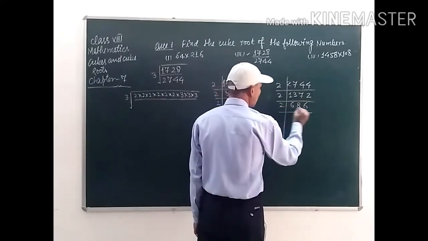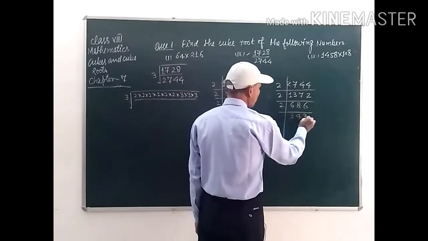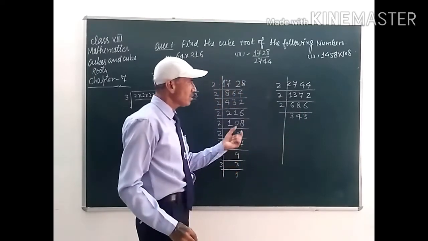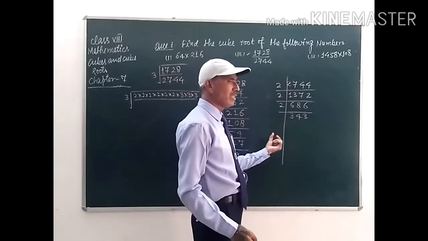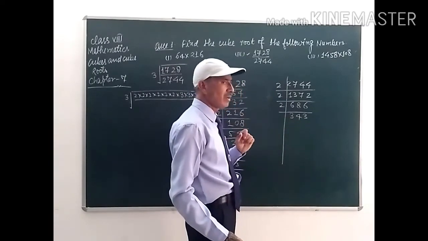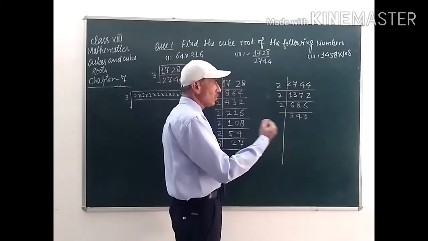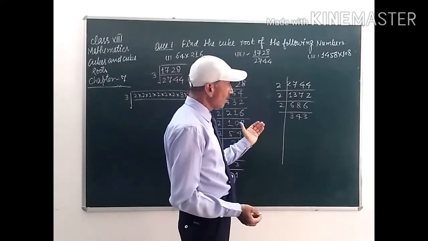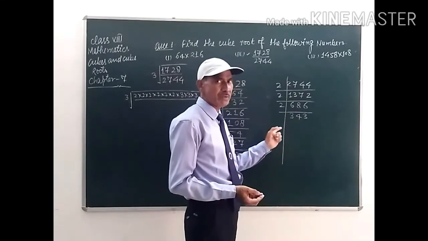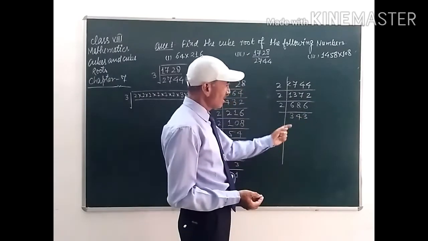Again by 2, 2 3s are 6, 2 4s are 8 and 2 3s are 6. Now this number is 343 and this number is not divisible by 3 because the sum of its digits is 3 plus 4 plus 3, that is 10. This is not a multiple of 3, therefore we have to use another number. The next prime number is 5 and this number is also not divisible by 5 because the unit digit is 3 here.